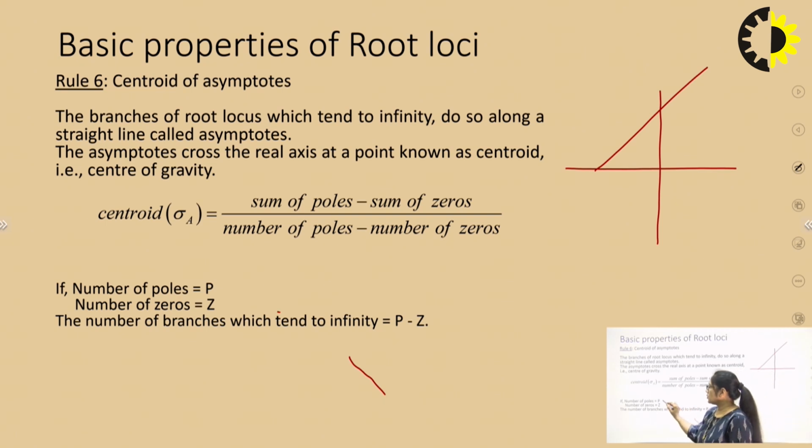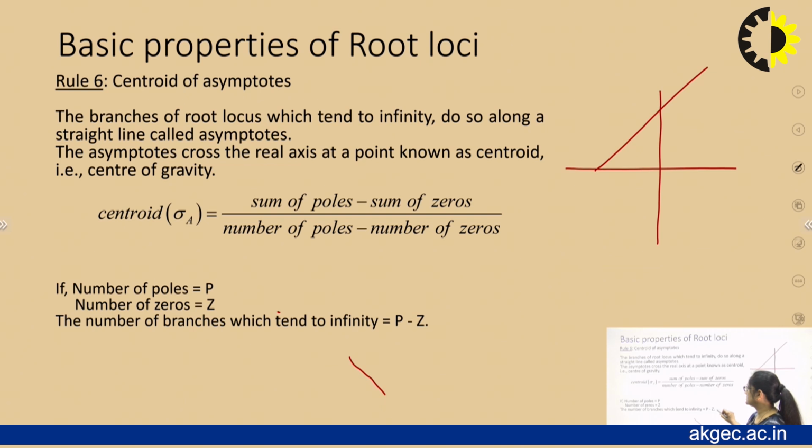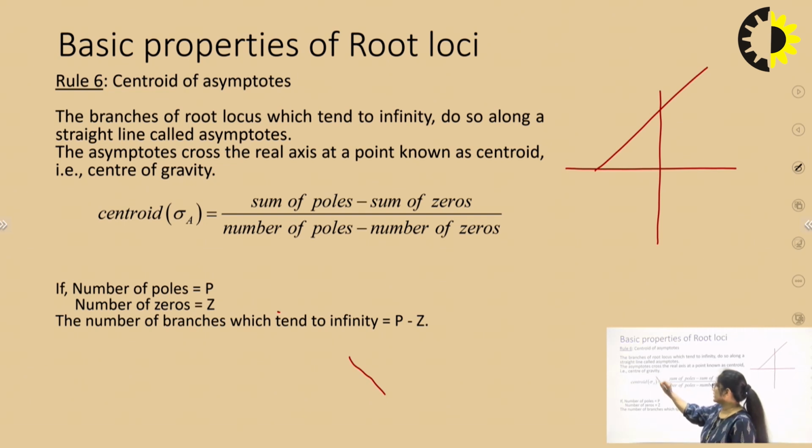If we define the number of poles as P and the number of zeros as Z, then the number of branches tending to infinity is P minus Z. If there is 1 zero and 3 poles in the system, then 2 of the root locus branches will tend to infinity. And what is the centroid? That is the center of gravity of those asymptotes, defined by this formula.